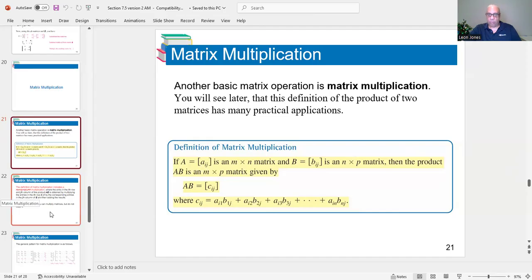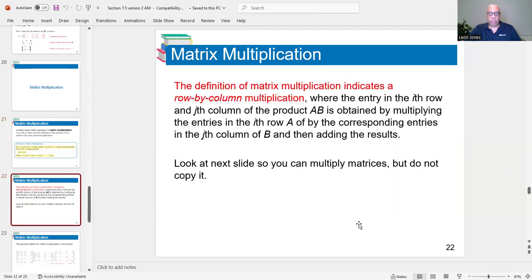On to slide number 22. The definition of matrix multiplication indicates a row by column multiplication, where the entry in the ith row and jth column of the product AB is obtained by multiplying the entries in the ith row of A by the corresponding entries in the jth column of B, and then adding the results.